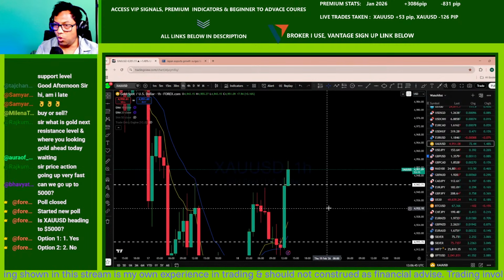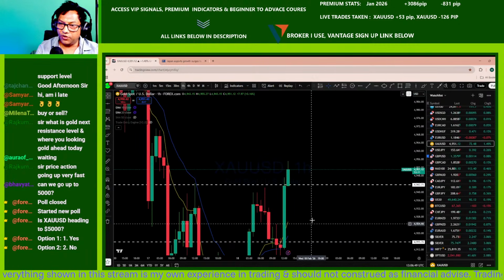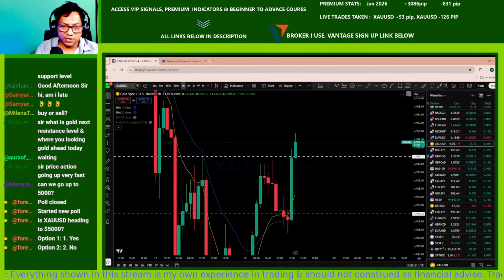So this is 1 hour price action, and after the previous 1 hour candle close, it has entirely broken above.